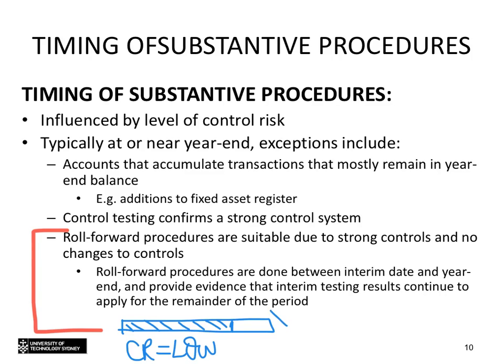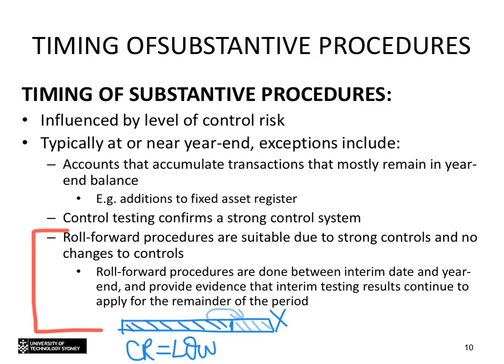When I come back at this last period, if all of the controls that were in place have not changed at all, then I'm actually going to cheat a little bit and roll forward this audit testing. I'm going to say that the testing that applies here would also apply here even though I haven't checked it, because nothing in the internal control system has changed.